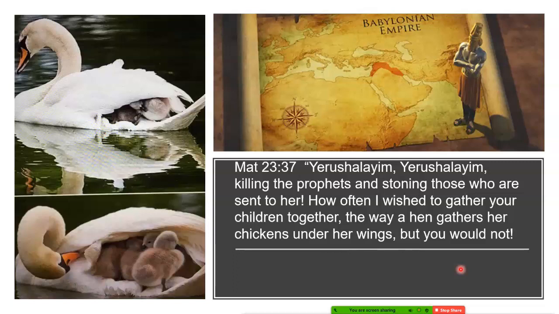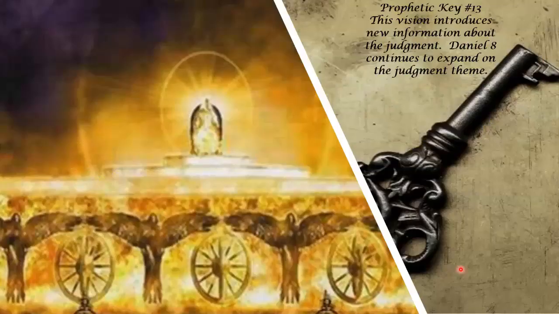And in Psalm 91, it talks about sheltering us under his wings. Could it be his wings of his living creatures? Could it be? I'm asking the question, and we will see. So prophetic key number 13, this vision introduces new information about the judgment, and in Daniel 8 continues to expand on the judgment theme.